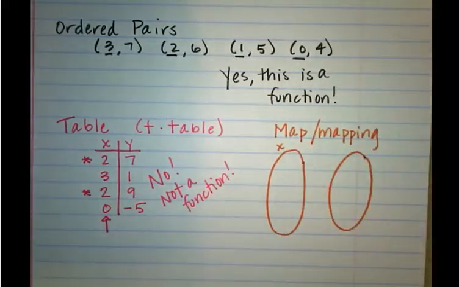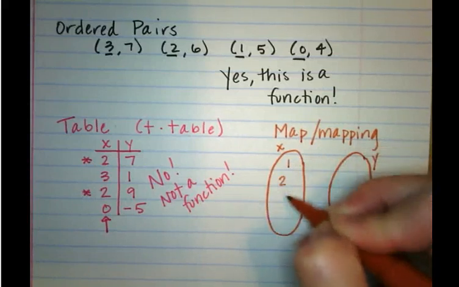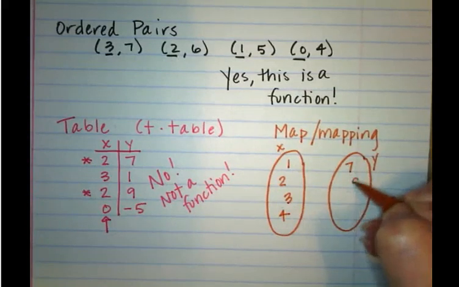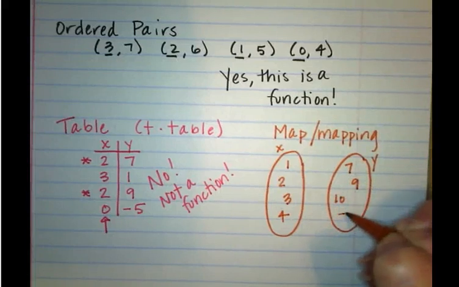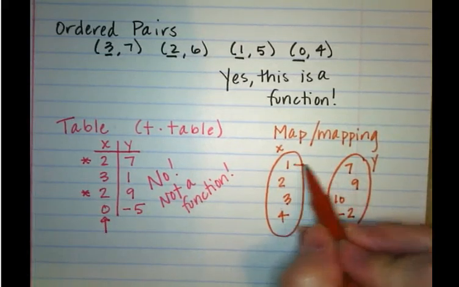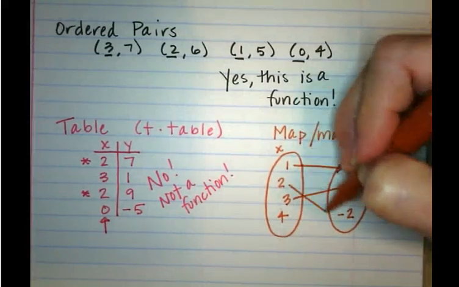This one is going to be our domain, and this one is going to be our range. And I am just going to put some numbers in here. Let's see, 7, 9, 10, negative 2. Alright, so I'm going to just use an arrow to show which one goes with which.